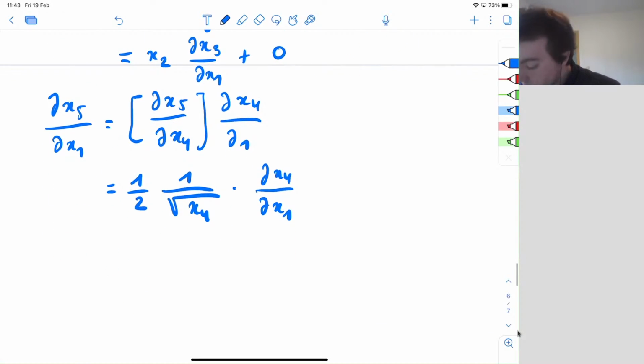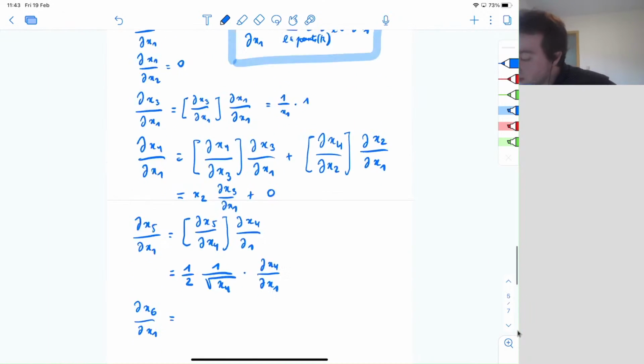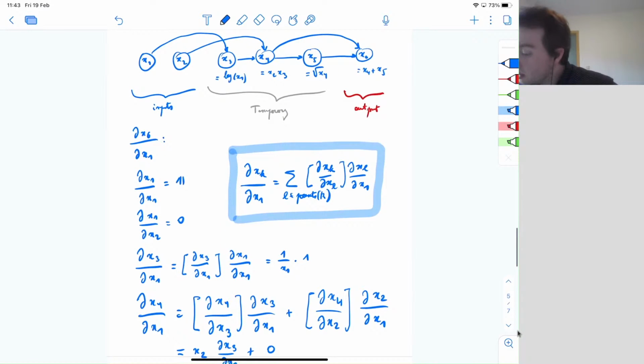And finally, x6 with respect to x1 is the sum of x4 and x5. So this one is the sum of x4 and x5.